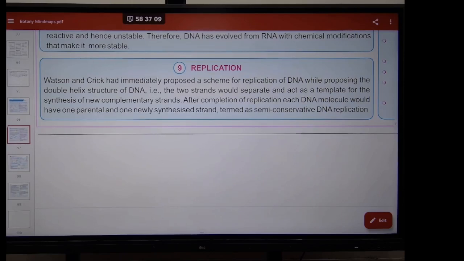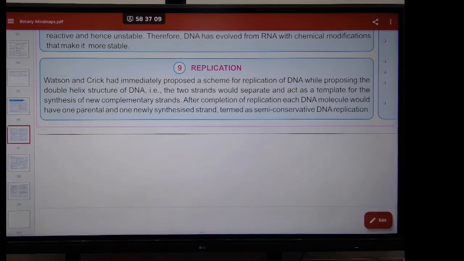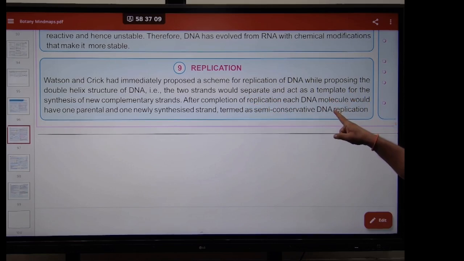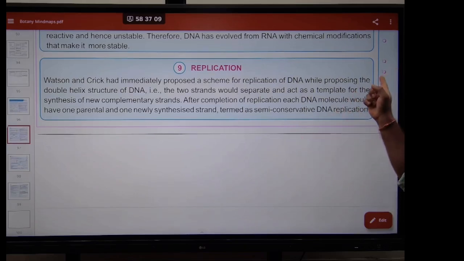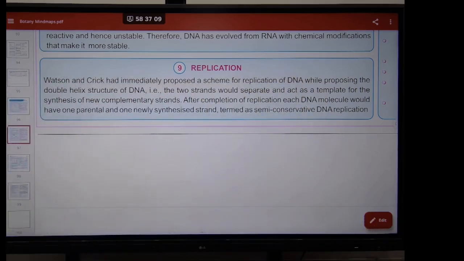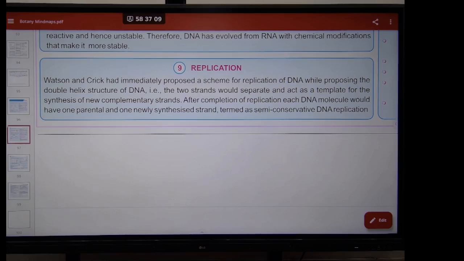Watson and Crick immediately proposed a scheme for DNA replication while proposing the double helix structure, where the two strands of the DNA separate and act as a template for the synthesis of new complementary strands, like I mentioned in the diagram before. After completion of replication, the DNA molecule would have one parental strand and one newly synthesized strand. This suggests that the newly formed DNA molecule will have one old strand and one new strand, which is called the semi-conservative mechanism of replication.